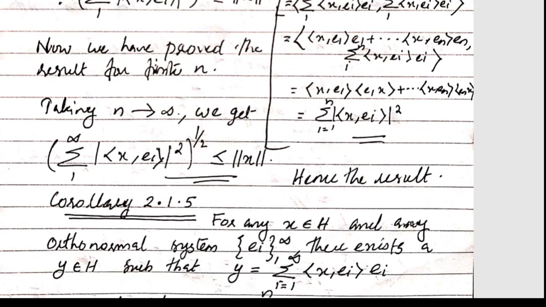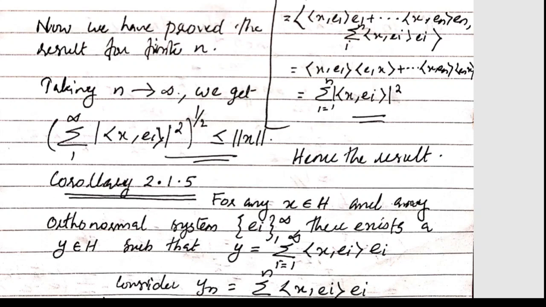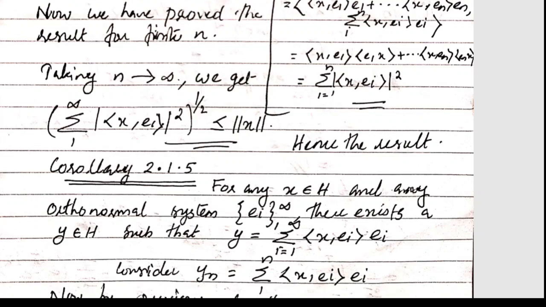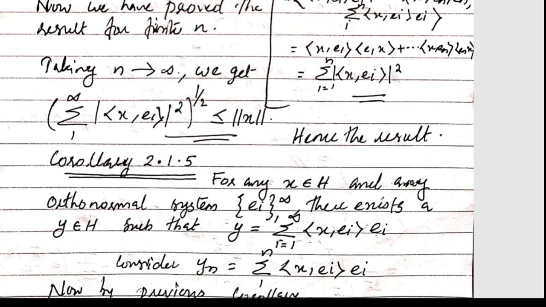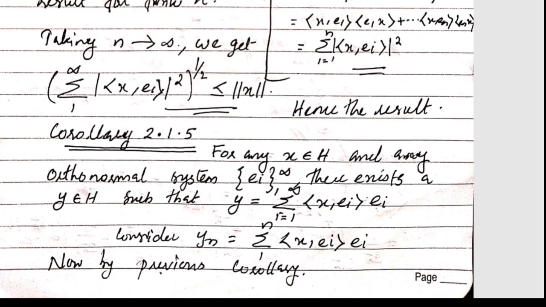Now corollary 2.1.5. For any x belongs to H and any orthonormal system ei from 1 to infinity, there exists a y belongs to H such that y equal to sigma i equal to 1 to infinity inner product of x, ei times ei. We want to take a y such that. So consider yn equal to sigma 1 to n inner product of x, ei ei.